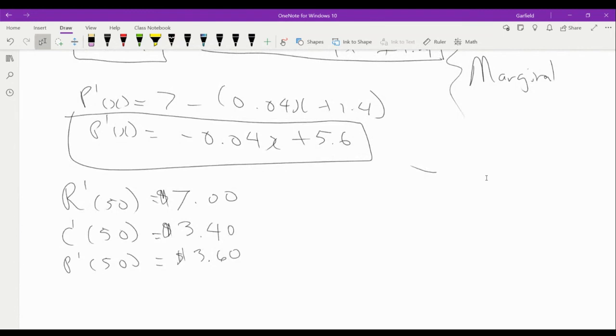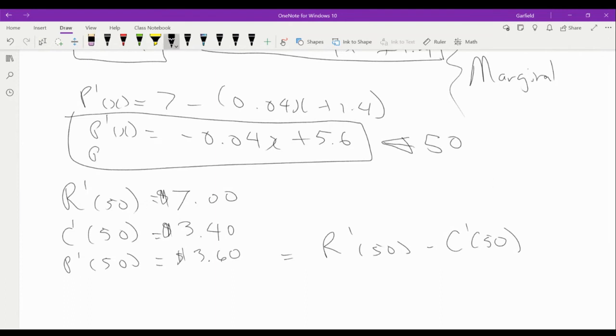Well, we could do R prime of 50 minus C prime of 50. Or you could plug 50 into this. You're going to get the same thing. Does that make sense, Louis?